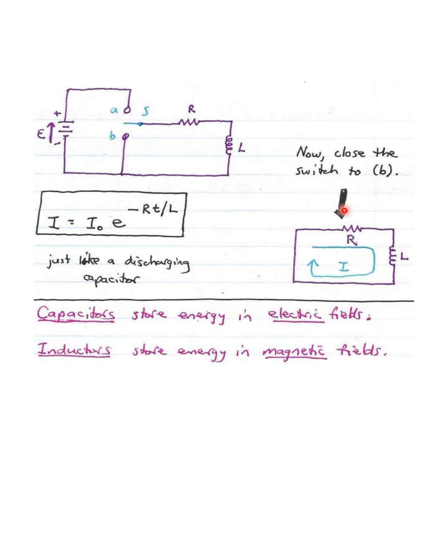So you have it going through like in this picture. I give this to you without going through the derivation, but the current is going to be just similar to a discharging capacitor. The current is going to be I naught, the original current, times e to the negative RT over L.